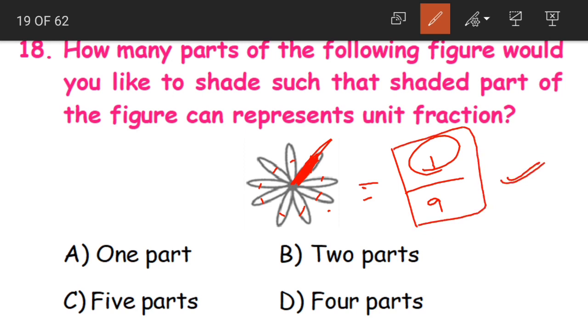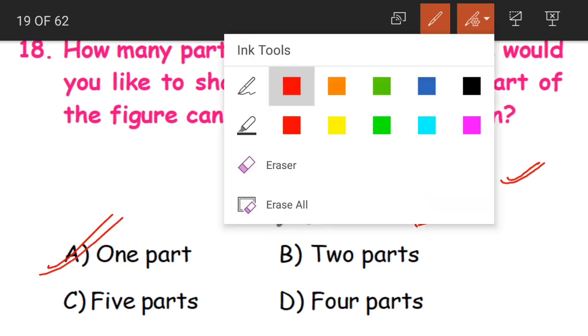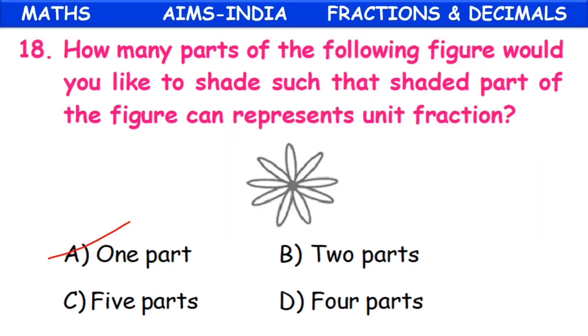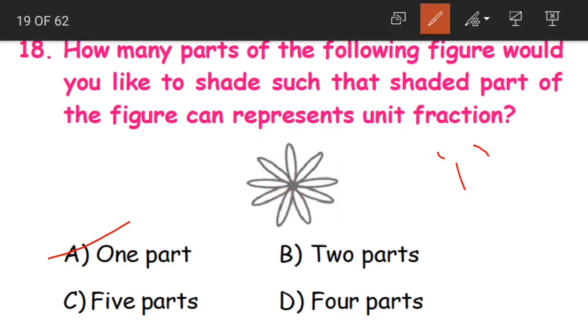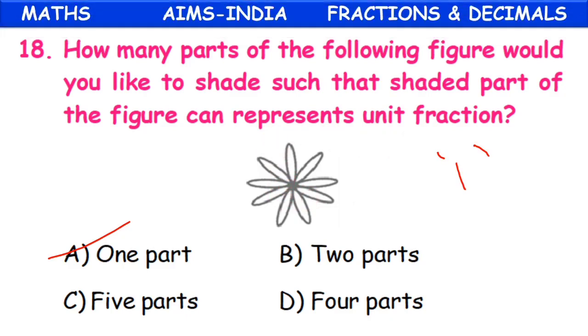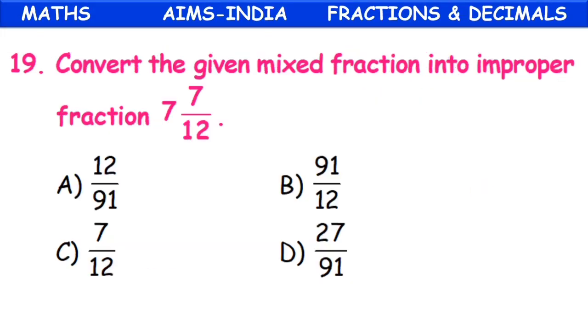So we have to shade option A, one part. No matter whatever figure they give, if we want to represent a unit fraction, we have to shade only one part, because in a unit fraction the numerator is only 1.